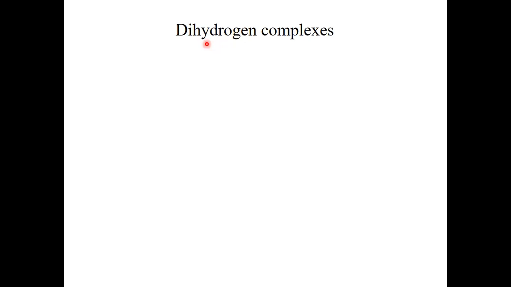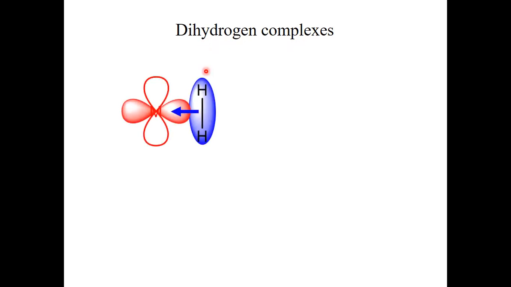So now let's move over to what is called dihydrogen complexes. So dihydrogen means we have an H2 molecule acting as a ligand, and H2 can, like we have seen for alkenes, for instance, also bind side-on to transition metals.